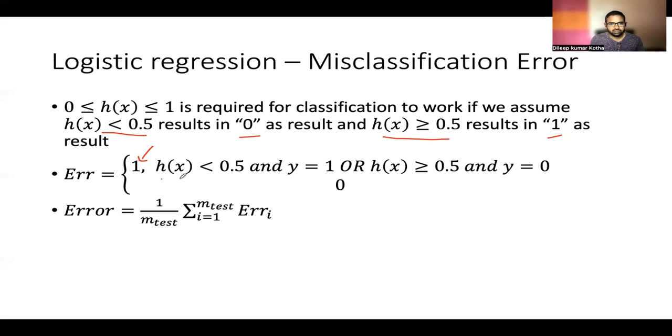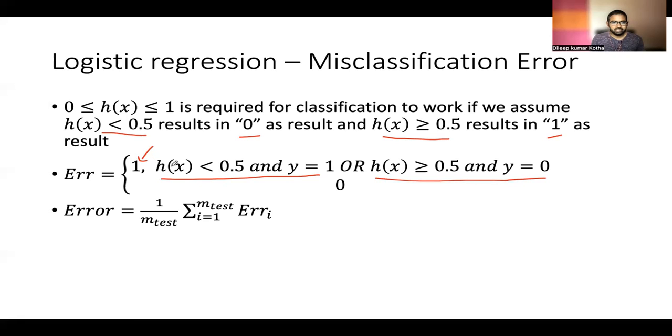This is a case of misclassification, because h of x less than 0.5 means it is identifying it as 0, but it is of class 1. If h of x is greater than or equal to 0.5, it is identifying it as class 1, but it is of class 0. So this is the error.